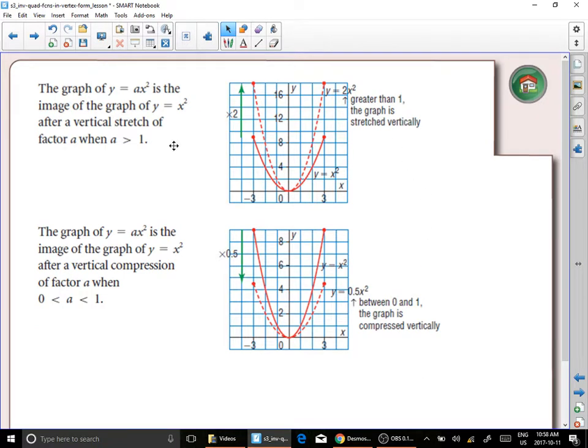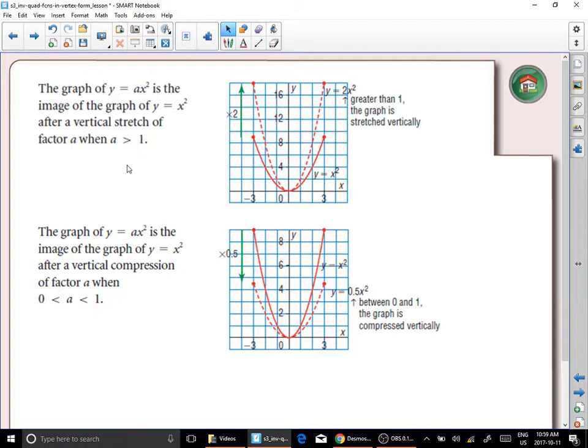Okay? And in fact, this is what we can say more accurately. If that a value in front of the x squared is bigger than 1, then we call that a vertical stretch. Okay? But if a is between 0 and 1, it's not stretched, it's compressed. So there's two possibilities there.